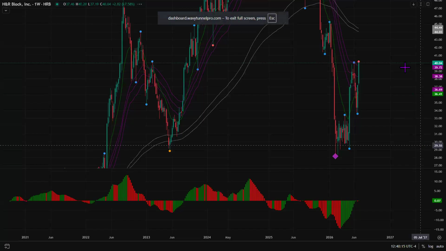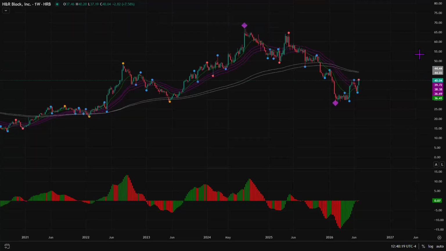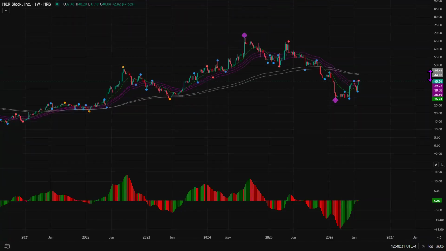Let's just have a look at the weekly to see how this has been performing. This was in an uptrend for a fairly long time, since 2021. Once the wave crosses the tunnel, that's what I consider an uptrend.